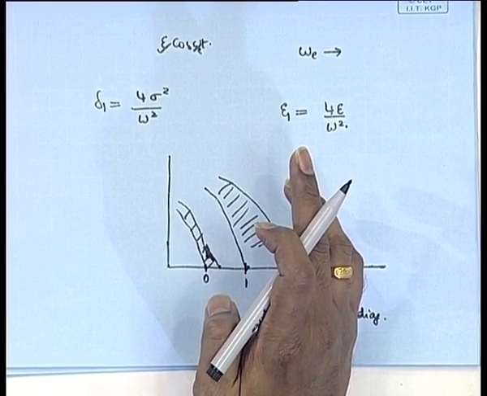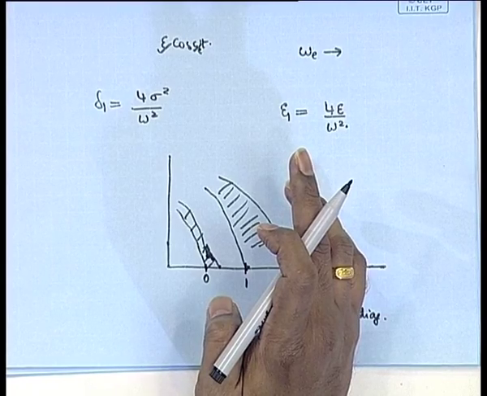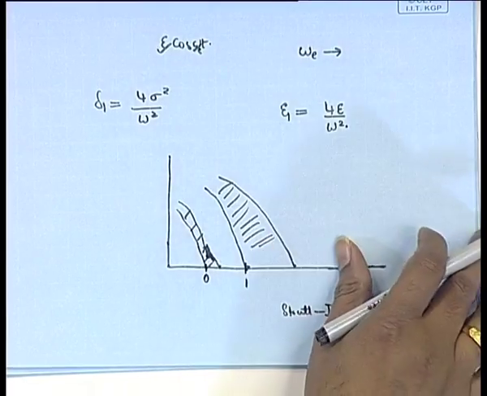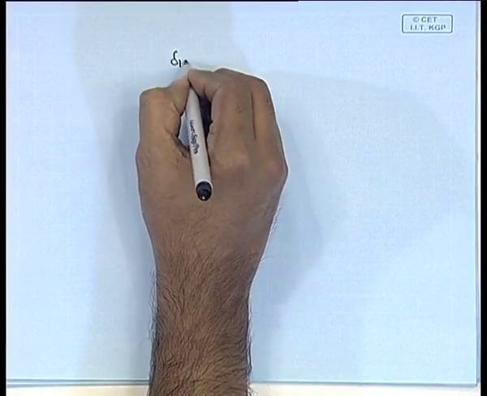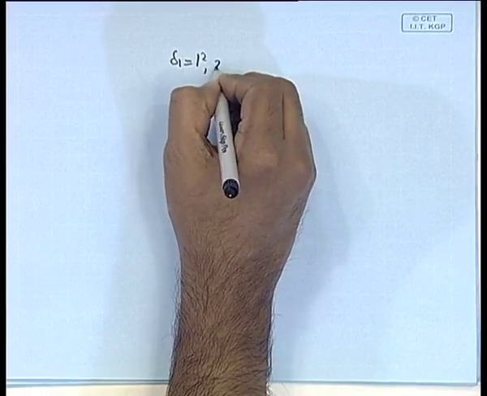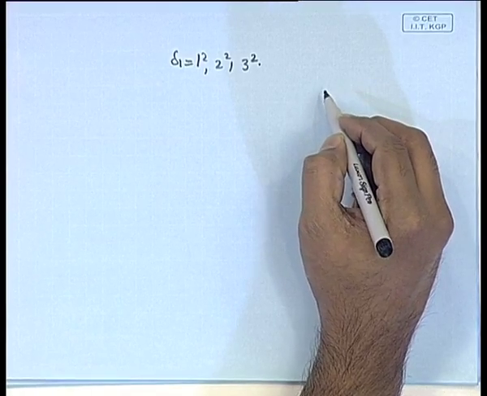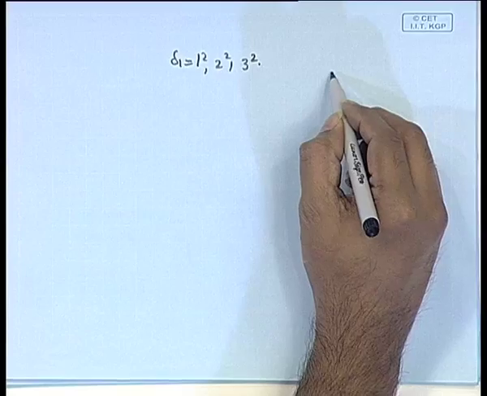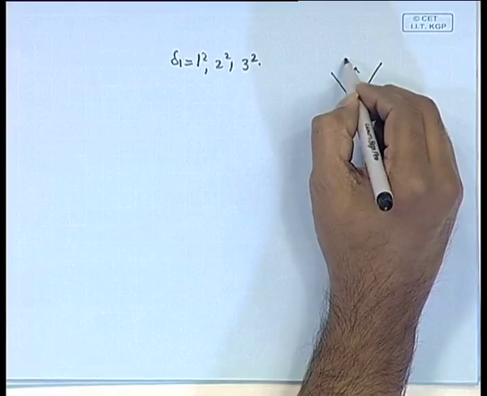Now, you see that if you draw the diagram properly, I am not drawing it once more. When you draw the diagram properly, you will see that when delta 1 equals 1 square, 2 square, 3 square, in these regions close to 1, 4, 9, etc., you come at one point like this, where you have an unstable region.